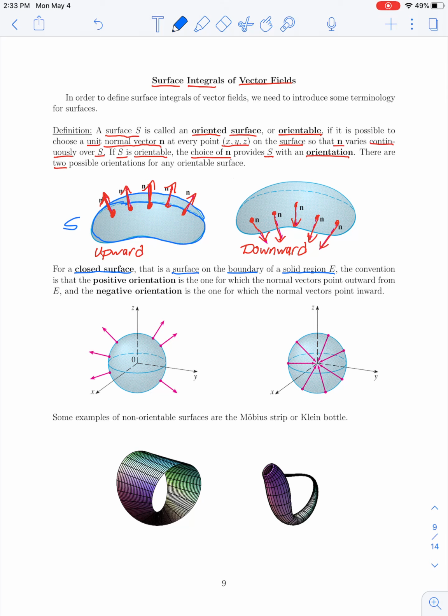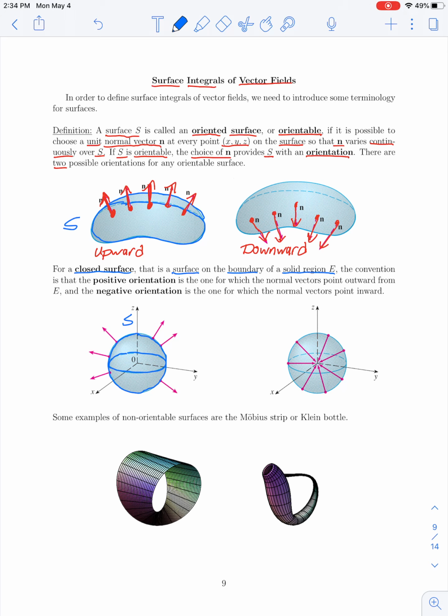So as a simple example, we could consider, say, a sphere centered at the origin of some arbitrary radius. And this would be an example of a closed surface. It's the boundary of a ball centered at the origin of a given radius. So any surface which is the boundary of a solid region is said to be a closed surface.